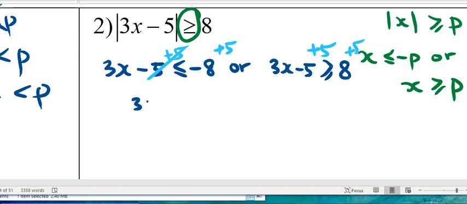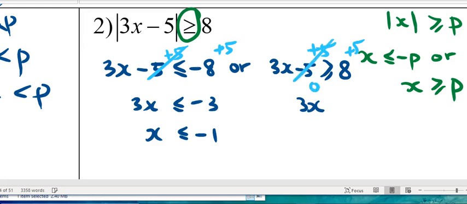So you have 3x less than or equal to negative 3, so your x is less than or equal to negative 1, or 3x, this one is 0, right? So more than or equal to 13, so your x is more than or equal to 13 over 3.